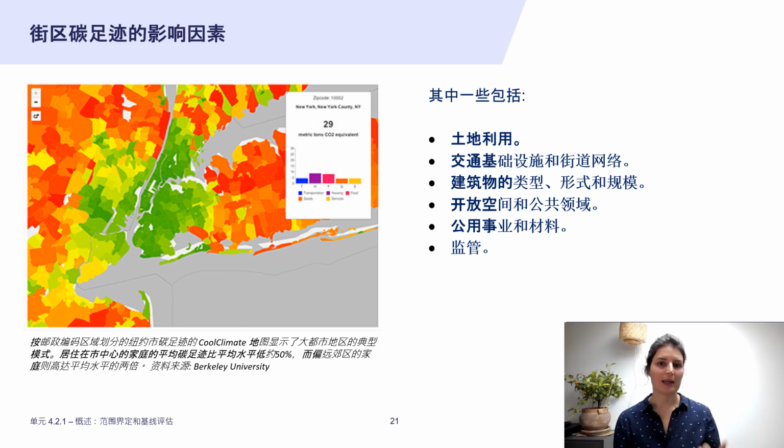These include land use, such as zoning, density, activity distribution, and the types of businesses. Transport infrastructures, parking, and street networks also contribute to carbon emissions. The type, form, and scale of buildings have a huge impact on energy efficiency. Green infrastructure offers opportunities for carbon sequestration. Utilities and materials are also drivers.